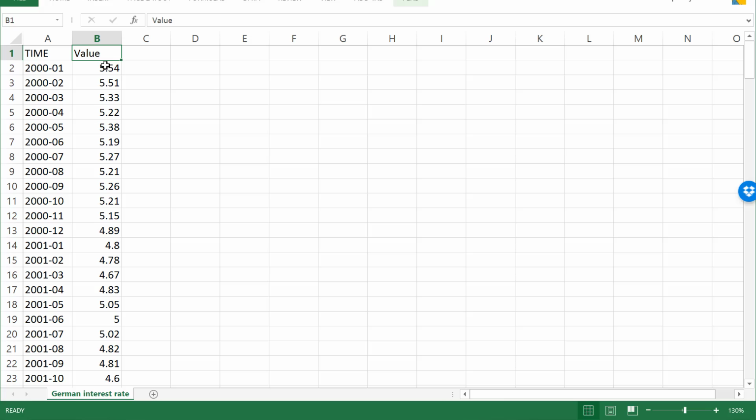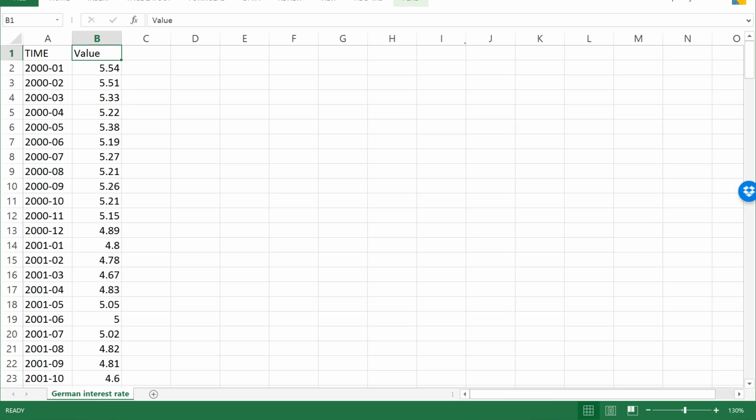If I have observations for individuals or firms or countries, I can sort and organize the data in any way I like.